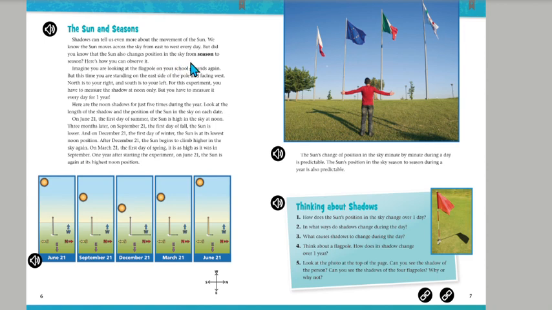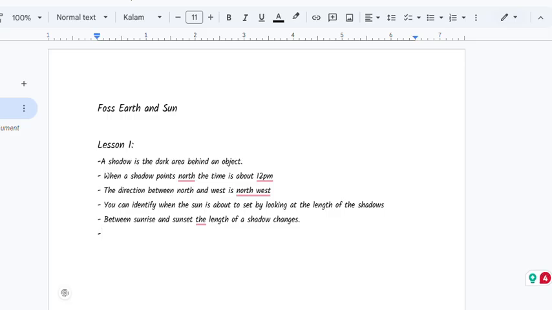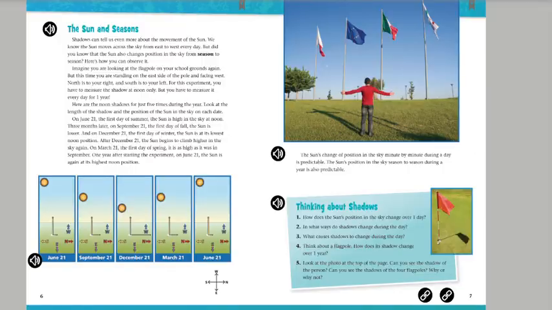So we can write this, the sun changes position in the sky from season to season. Yeah, and let's do this next one right here.